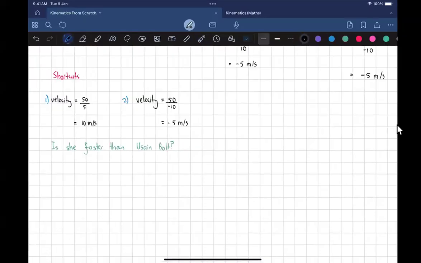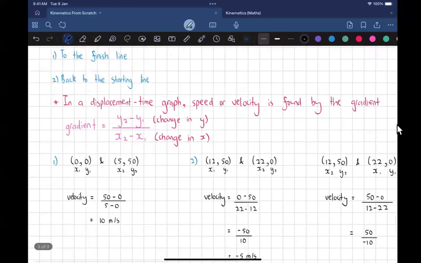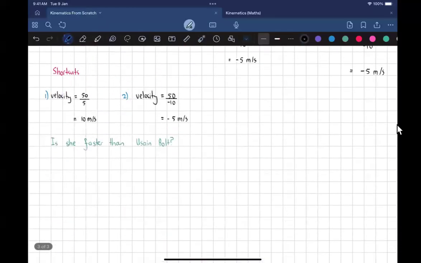So Sasha, did she run faster than Usain Bolt? No, because Usain Bolt ran at, how much did he run at? 10.44. Is that less or more than 10? That was more than 10. Right, so he ran faster.